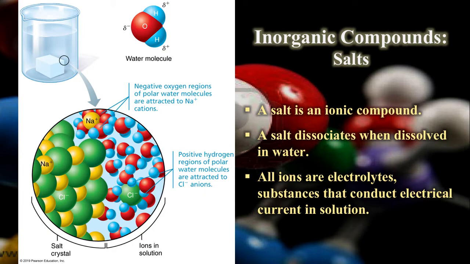Table salt is just NaCl. But when you put salt in water, it dissociates into a sodium ion, Na+, and a chloride ion, Cl negative. So you end up with a positively charged thing and a negatively charged thing. Okay? If we have an atom that has a charge, a positive or negative charge, what is that now called?